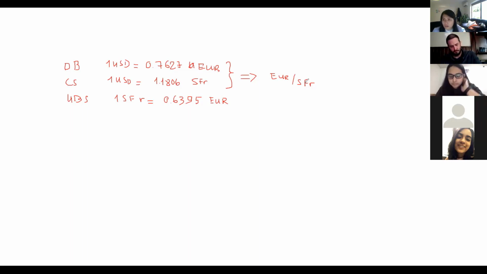So here I need the euro over USD times USD over Swiss franc. So this is the value of 1 USD in the euro, so that's 0.7627.